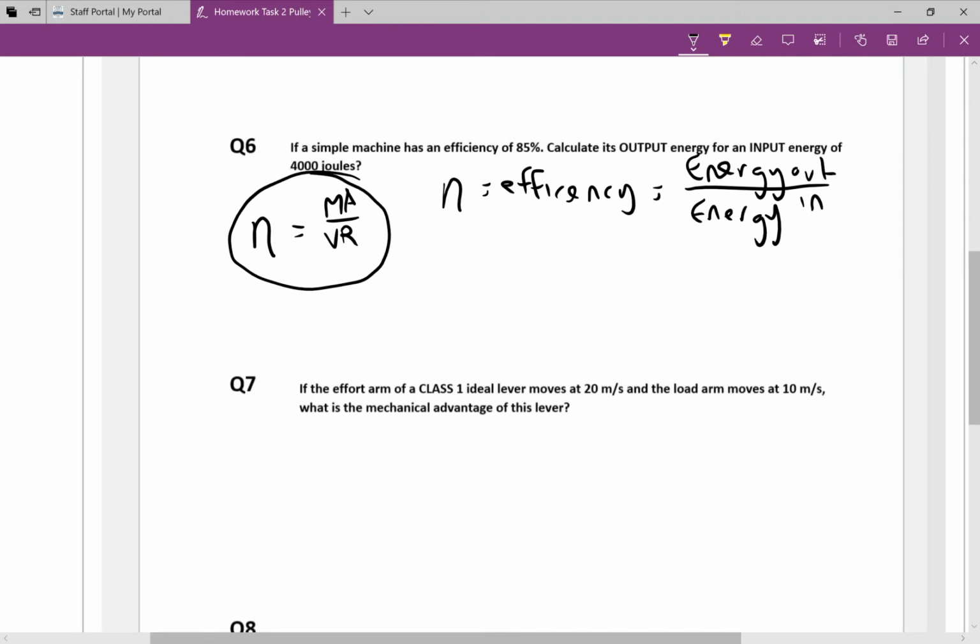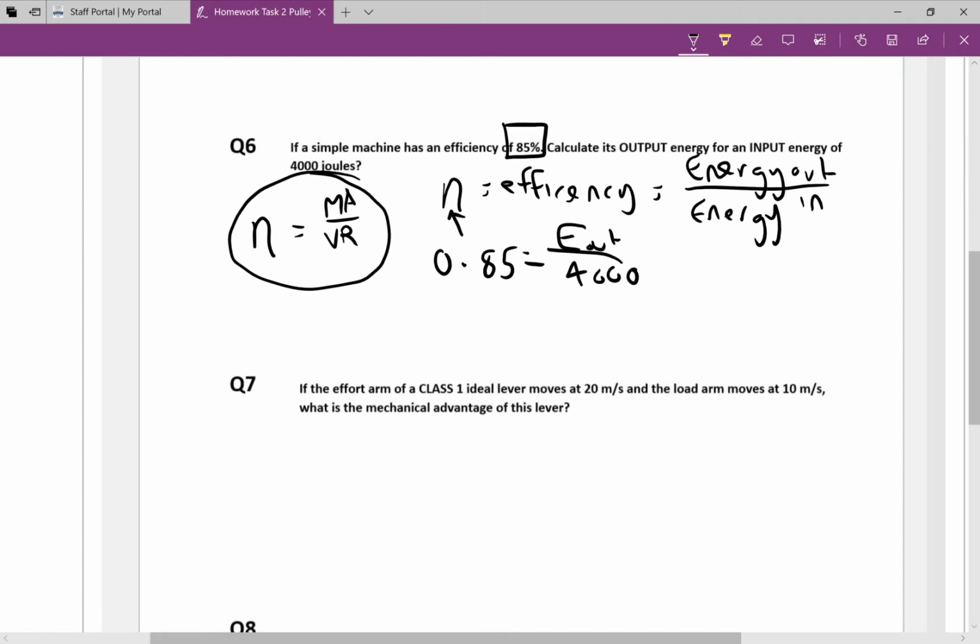We know, if for this we're talking about calculate the output, we know that our efficiency is 85%, and we can express that as a decimal. So we can say that 0.85, which is eta, our efficiency, is equal to the energy out, which is what we're trying to actually work out, E out over the energy in, and we've already said the energy into the system is 4,000 joules.